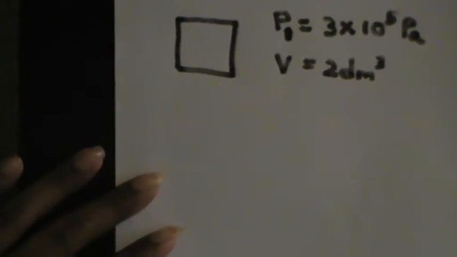But in the last problem, I had to find the temperature. Now I'll take some temperature. I'll say 300 Kelvin, which is approximately 27 degrees Celsius.